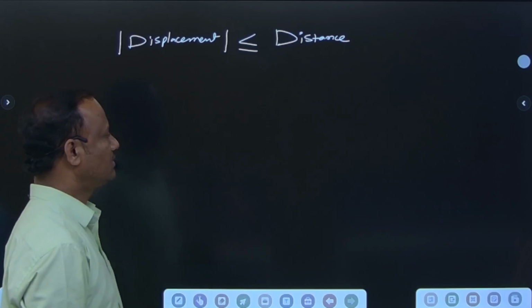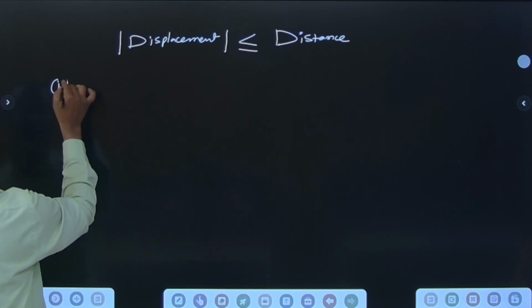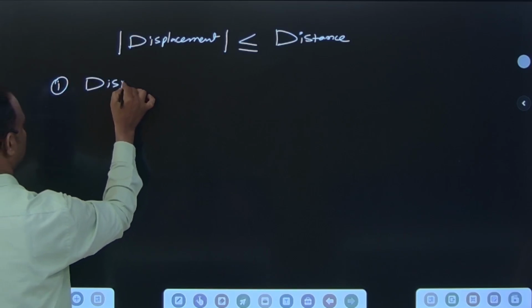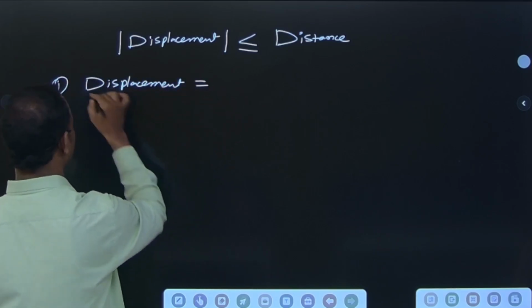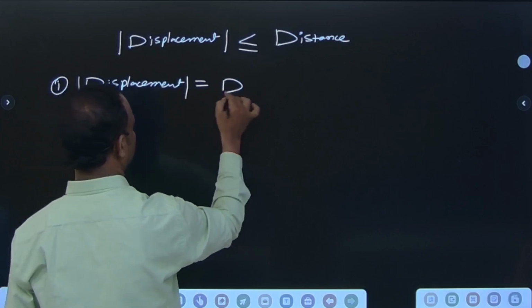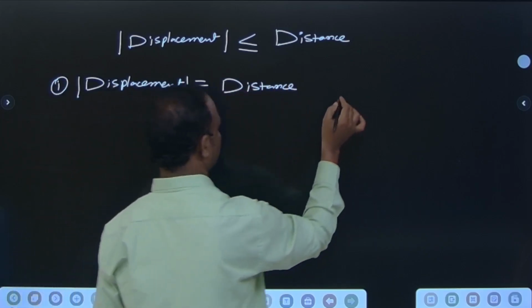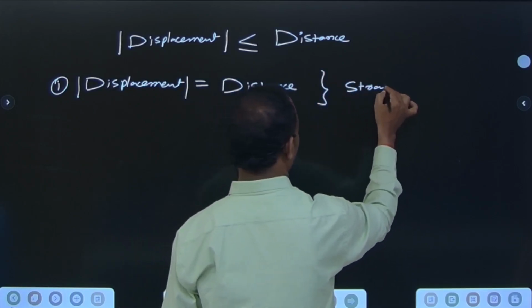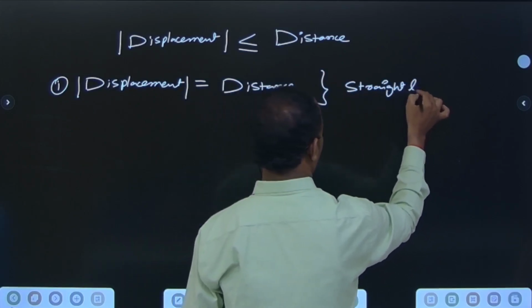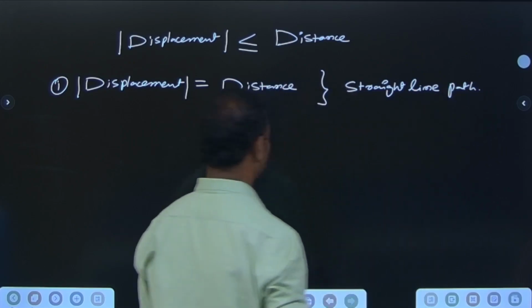In the first case, displacement is equal to distance. This is possible in a straight line path, when the body travels in a straight line path.